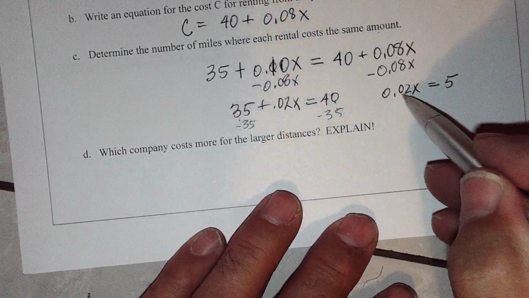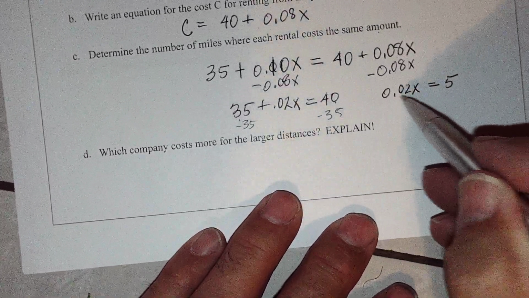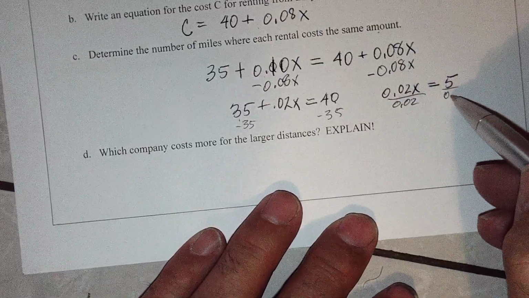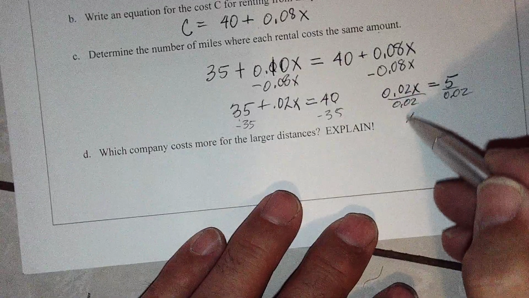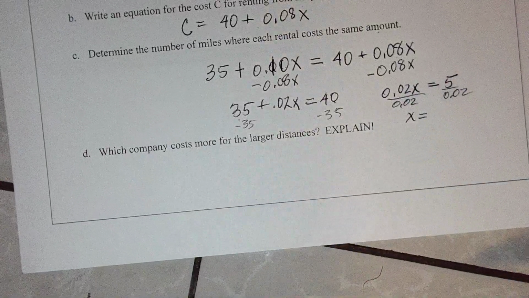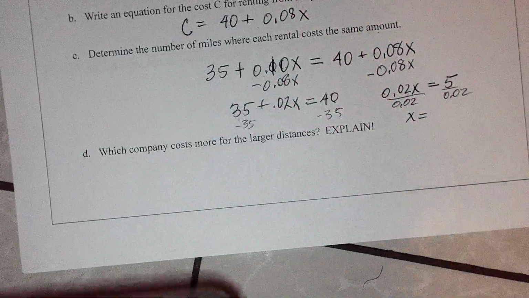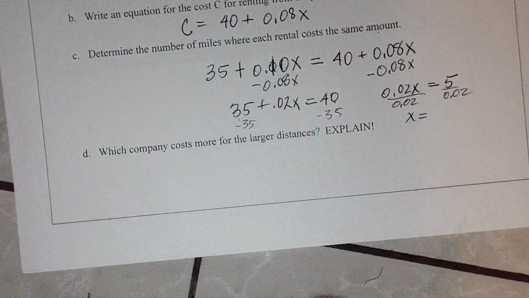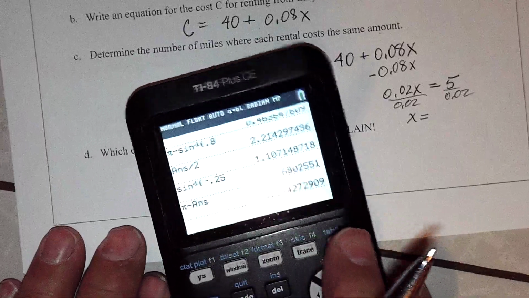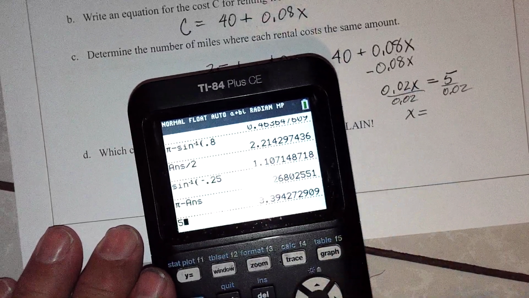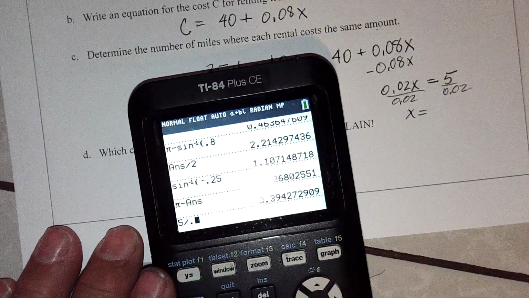And divide by 0.02, and I get x equals 5 divided by 0.02. I'm going to pull out my calculator and see, it's 250, I believe. 5 divided by 0.02.